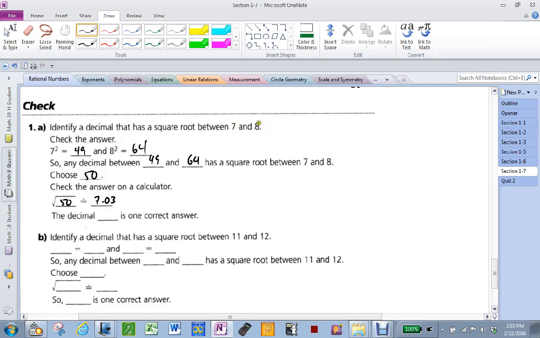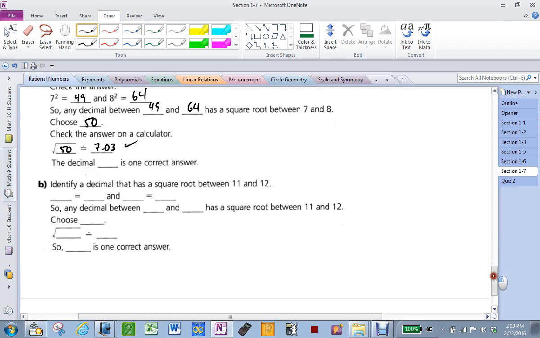Is that between 7 and 8? Yes. Would every single number between 49 and 64 work? Yes. 55 would work. Of course it would, because it's between 49 and 64.